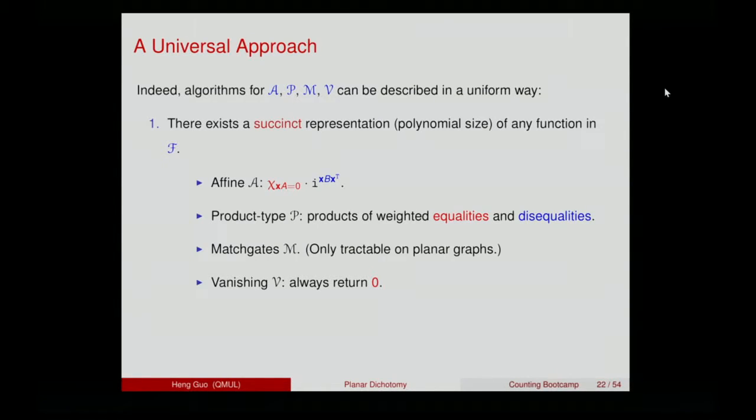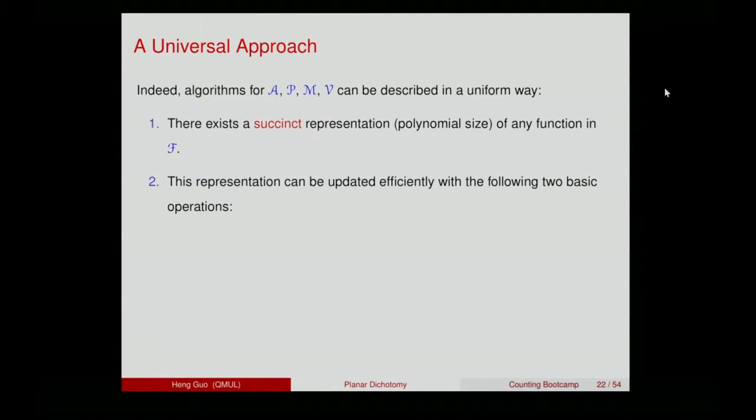Product type is easy to do, it's linear in the number of bits. And for matchgates, this is due to matchgate identities. We only need big O of n squared many bits to store a matchgate. And vanishing as well, it's linear. Okay, but that's not enough. Many functions have a succinct representation, but this succinct representation must be updatable efficiently whenever we do the following two basic operations.